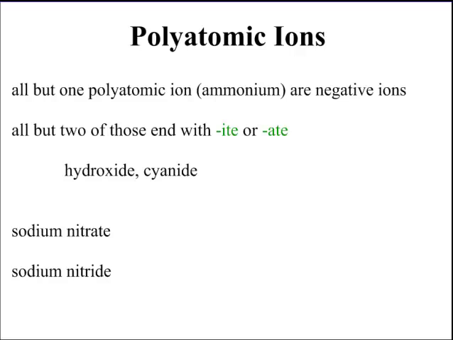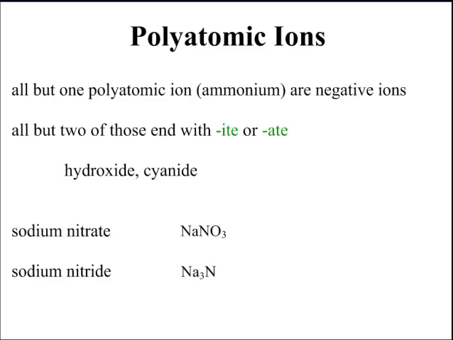For example, sodium nitrate with the ATE ending contains a polyatomic ion, while on the other hand, sodium nitride with the IDE ending contains the ion form of the element nitrogen. That ending is all that tells you that a polyatomic ion is present. Sodium nitrate then is NaNO3, sodium nitride is Na3N.